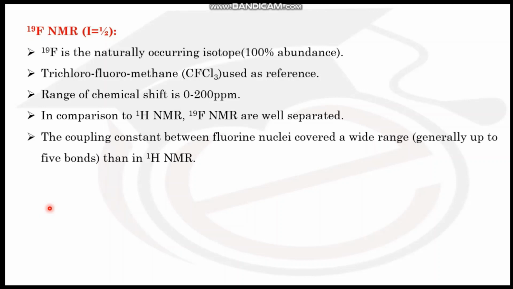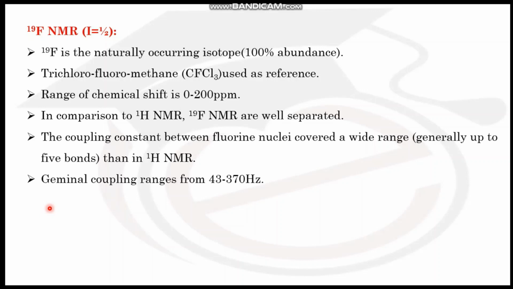We saw that in the video on coupling constants, where we mentioned all those things. But generally for proton NMR, 3 bond coupling is the maximum, whereas for fluorine it can be up to 5 bonds. That is another important thing.